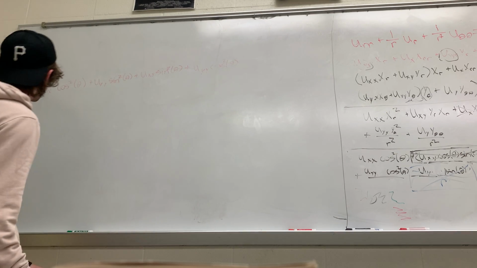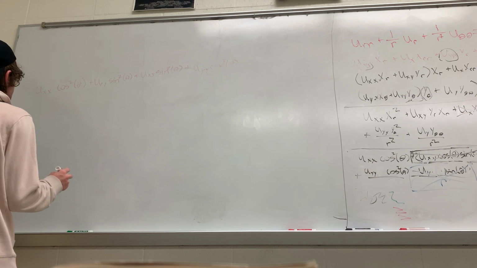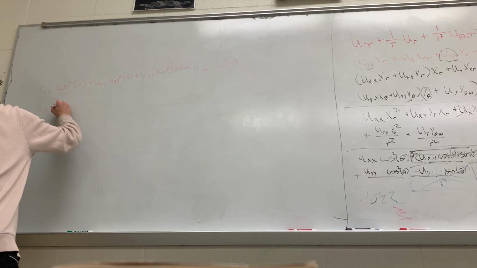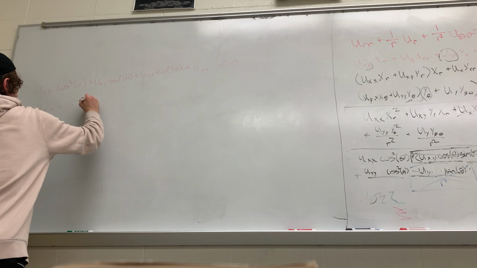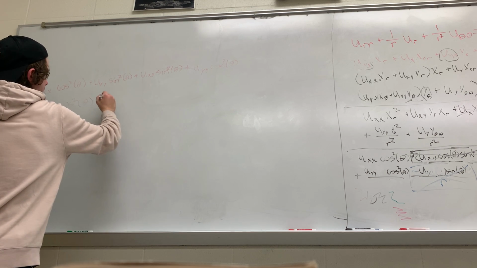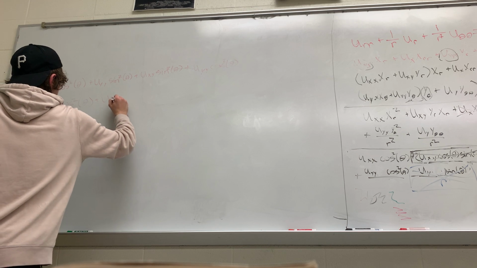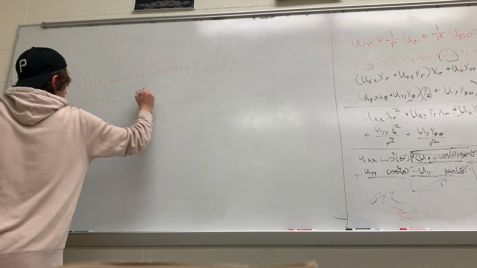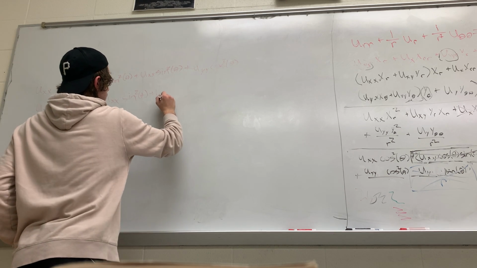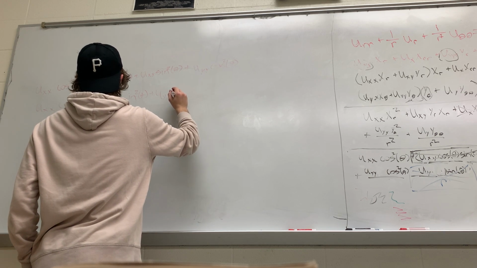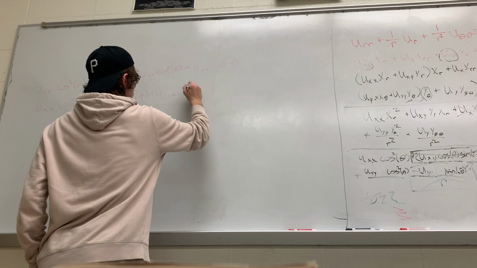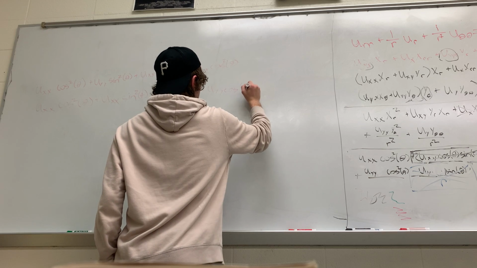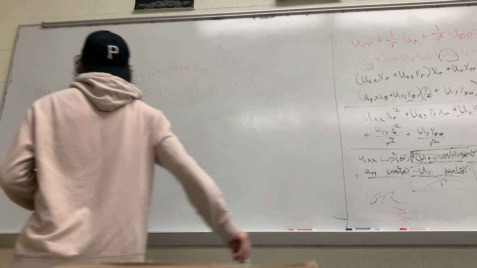And then if I just rearrange it a little bit, I can have uxx cosine squared of theta plus uxx sine of theta squared plus uyy sine theta squared plus uyy cosine of theta squared.